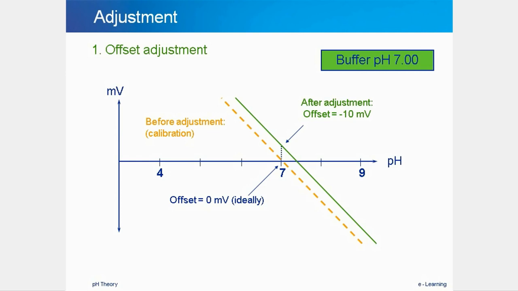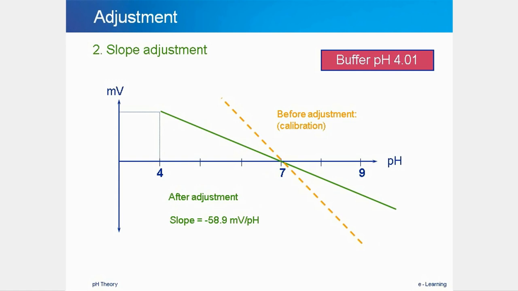This is only the offset from 0 millivolt adjustment. The slope can also deviate from the theoretical value, which we saw earlier, and which was 59.16 millivolts at 25 degrees Celsius. For a slope adjustment, we need to have more than one pH buffer for calibration though. With the second buffer, we have 2 points on the graph, which makes it possible to determine the real slope of the electrode tested.